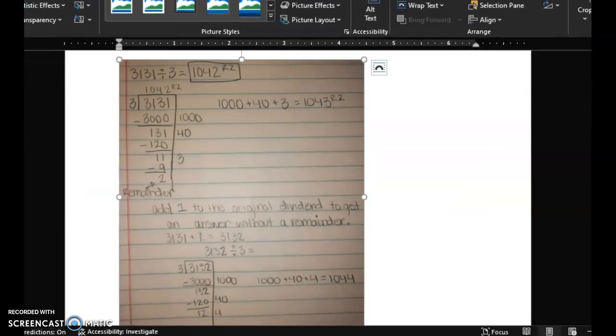Okay, here we go. Last and final example. So this is 3,131 divided by 3. And so I took that with the big 7 here.